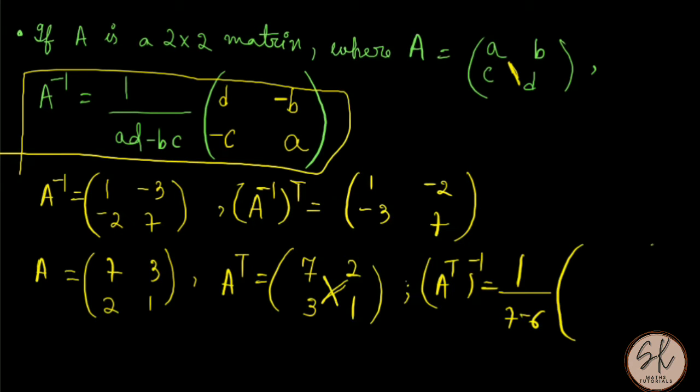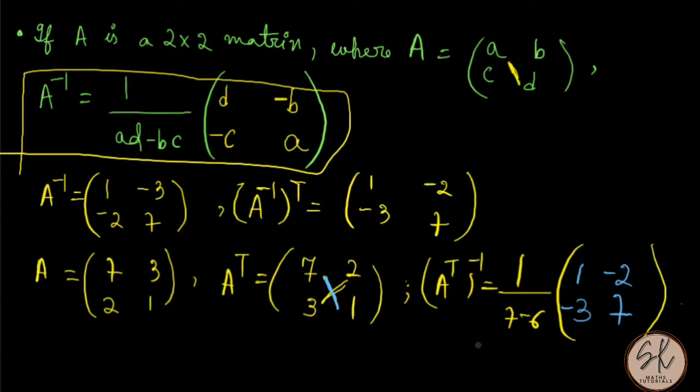Okay, into here, this 7 and 1 will interchange, so we will have 1 over here and 7 over here, and we will have a minus sign before 3 and 2. So we will have here minus 2 and here minus 3.